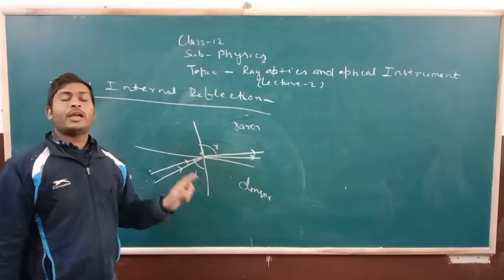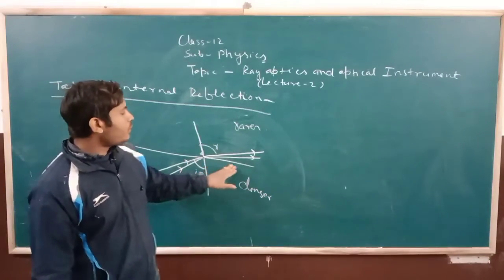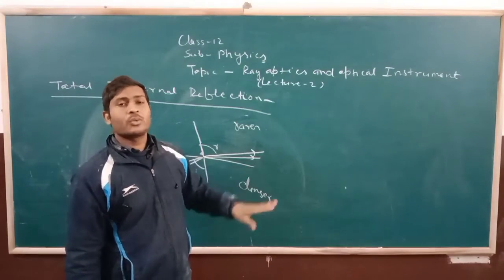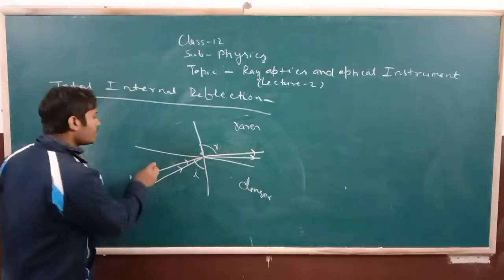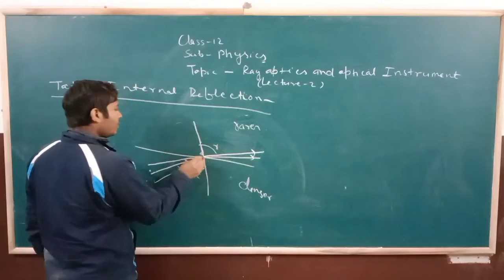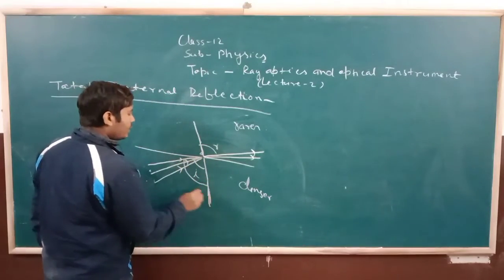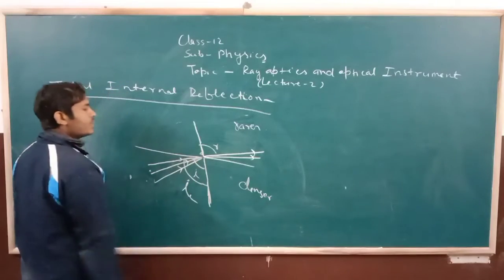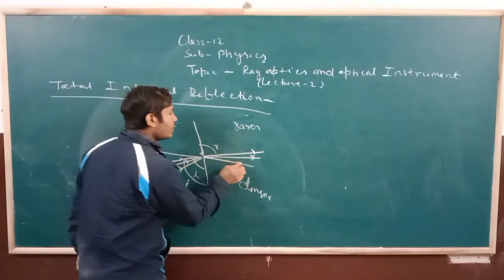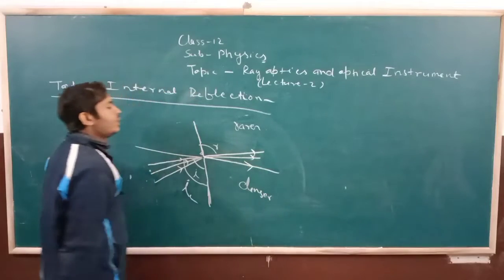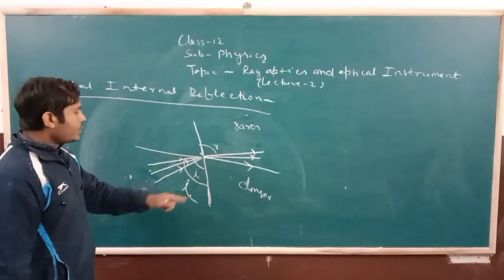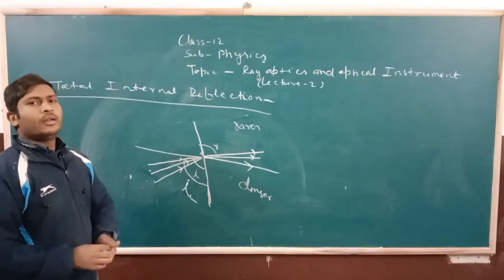This certain angle at which the ray emerges parallel to the surface is known as the critical angle. Means I am making this ray incident, and this angle is the critical angle, that is IC. In this case, the ray emerges parallel to this surface. So this angle is known as the critical angle.